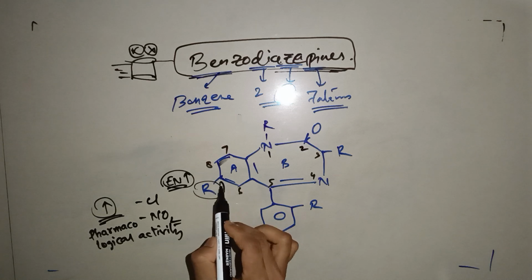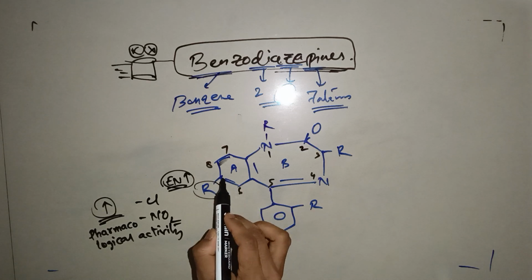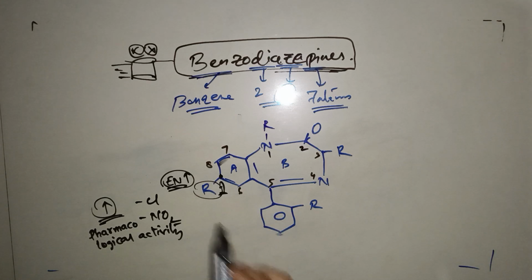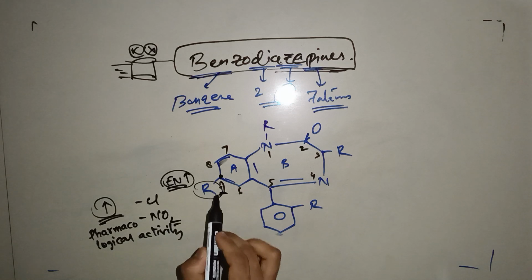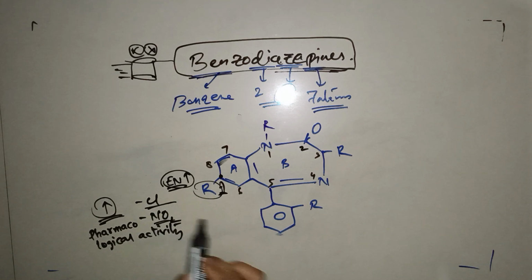So at the seventh position, this is most important, if the side atom present on that carbon is more electronegative, then it will increase the pharmacological activity of the benzodiazepine.